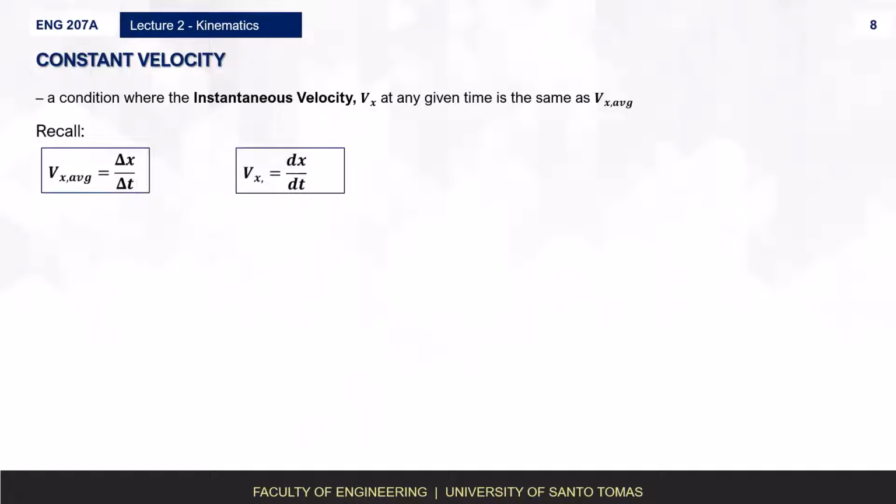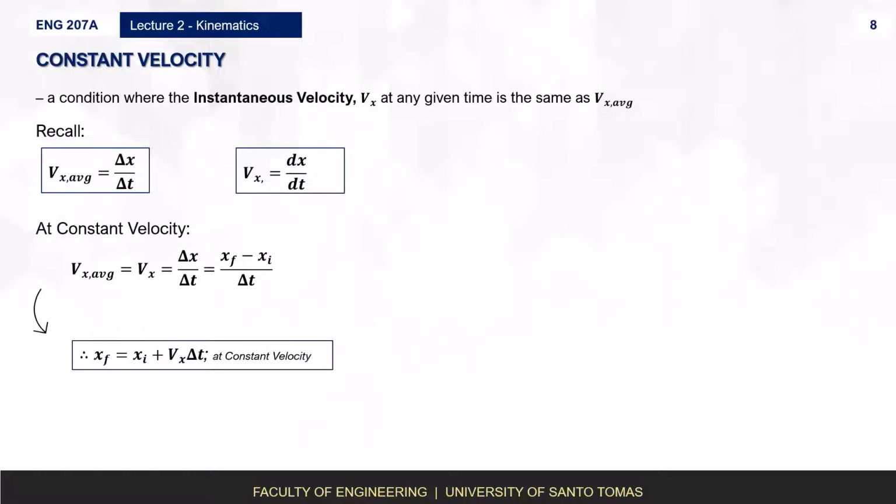Such a condition is called constant velocity, where your instantaneous velocity at any given time is the same as the average velocity. Recall our equations, respectively, for average velocity and instantaneous velocity. With constant velocity, average velocity is now equal to instantaneous velocity and thus can be represented as such.